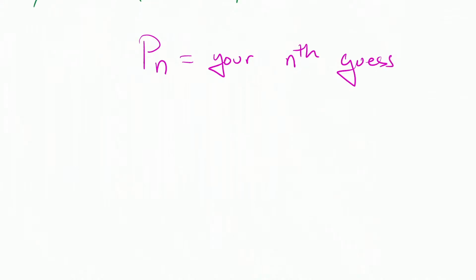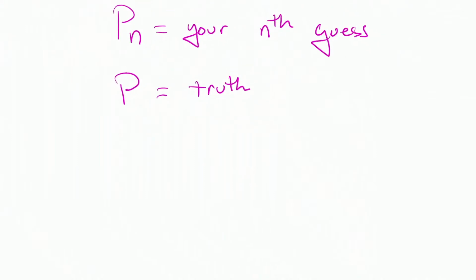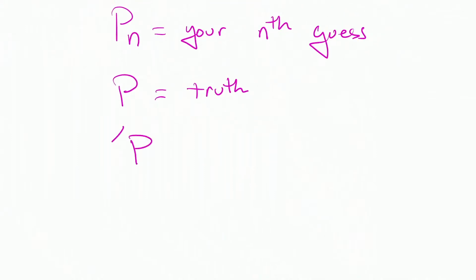Let me write it down for you, though. We are interested in this sort of thing. P sub n is your nth guess, and P is the truth. And so here's the deal, this P sub n is a sequence that goes to P. I know, we're going to get to this.